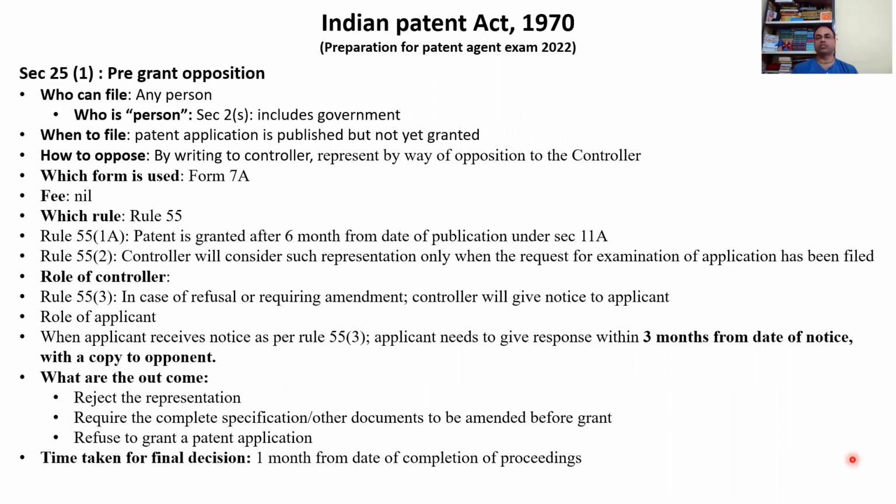The applicant gets 3 months to reply to the controller, and then everything happens, and the controller will take 1 month from the date of completion of proceedings before giving his judgment: rejection, requirement of amendment, or refusal to grant. So he will take 1 month to decide.